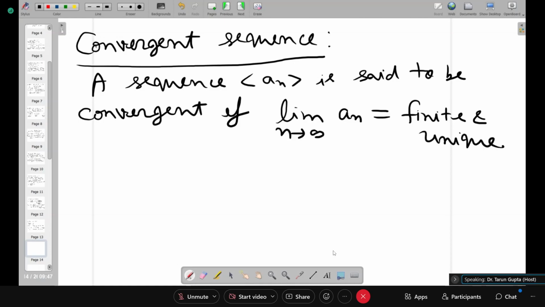If the limit of the sequence is finite and unique, that is convergent.